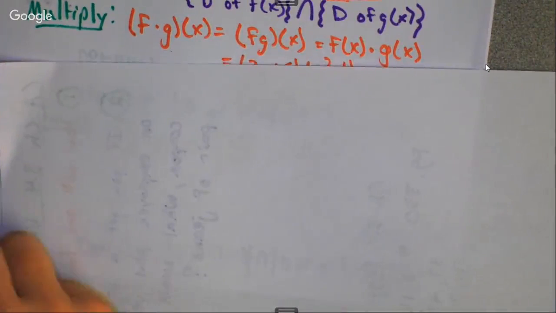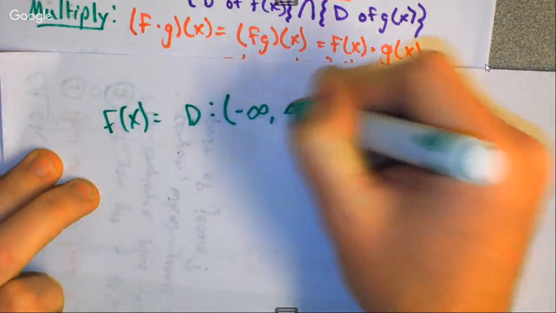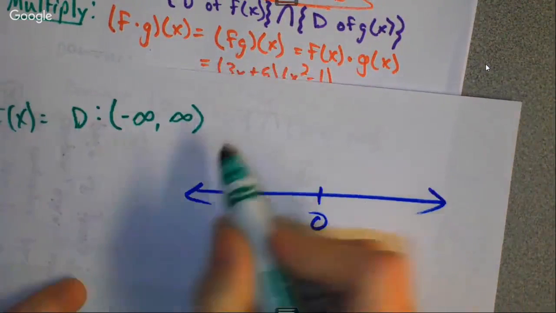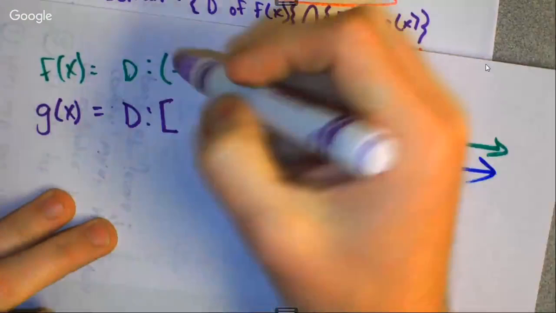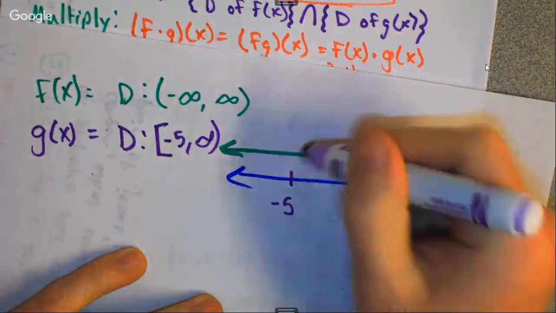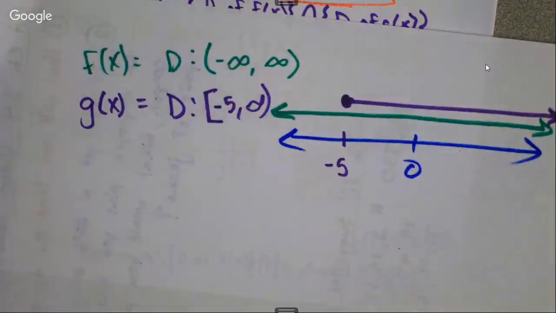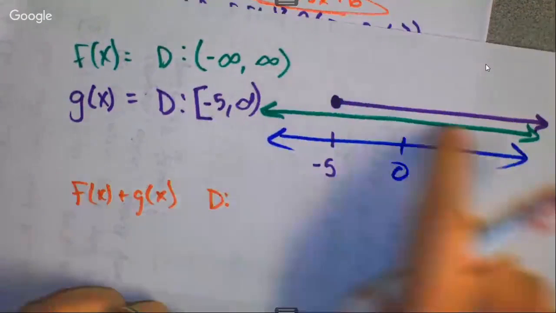Now, if I want to say what's the domain of f of x plus g of x, it would be the intersection of these two graphs.